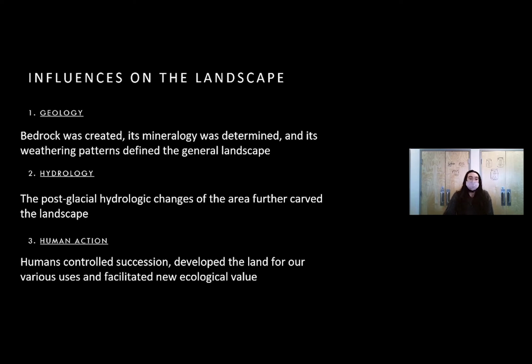And then the humans have controlled succession, and we've developed the land for our various uses. And we've facilitated new ecological value, using the area as a place to educate the urban community about the real natural world outside. And when I say succession, this is something we'll talk about later.